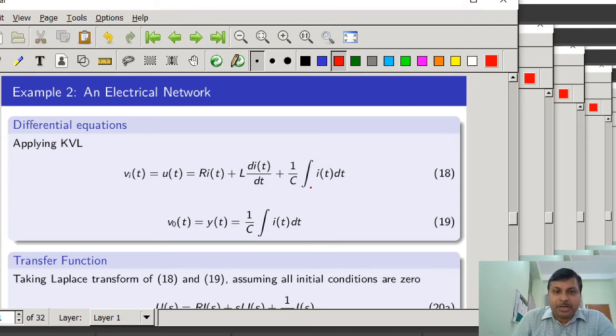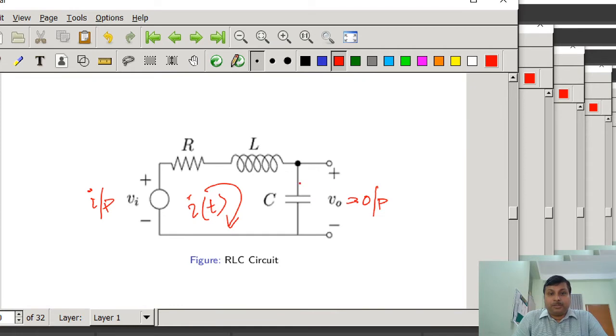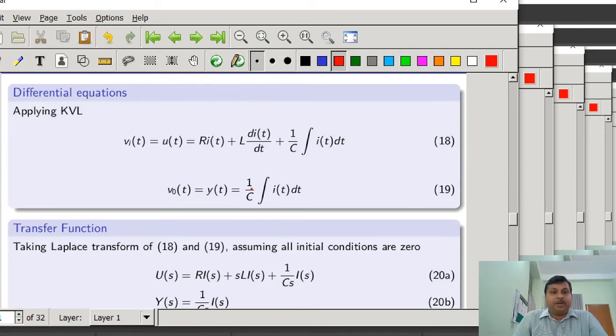Here I have intentionally not given any limit for the integration, because we will discuss what the limit could be. The output V0(t) across the capacitor, indicated by y(t), equals 1/C integral of i(t) dt.